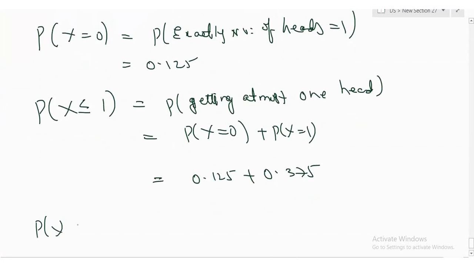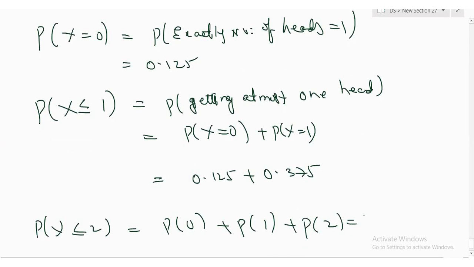Probability of x less than or equal to 2. What is the English meaning of this? At most, not at least. At most, how many heads I need to get? 2. I may get 0 heads. I'm lazy to write x equal to 2. That's why I'm writing p of 0. You understand what is the meaning of this, right?